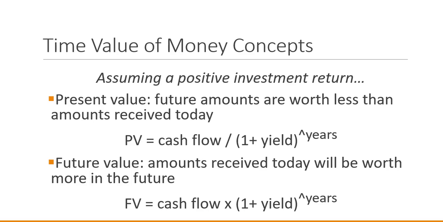And future value is the opposite concept, which is if we have the dollar or whatever dollar amount we have today, we want a method or a calculation to be able to project what that amount of money will be worth in the future based on an investment scenario. And here in the slide we have two calculations that are simply the same formula, either using division or multiplication. We're going to see examples of present value as well as future value now.